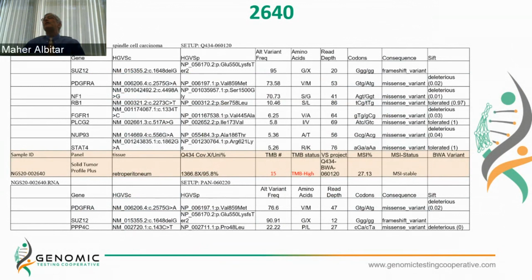As you can see, multiple genes are mutated here, and the TMB, the tumor mutation burden, is very high, so this patient also can be eligible for therapy with immune therapy.